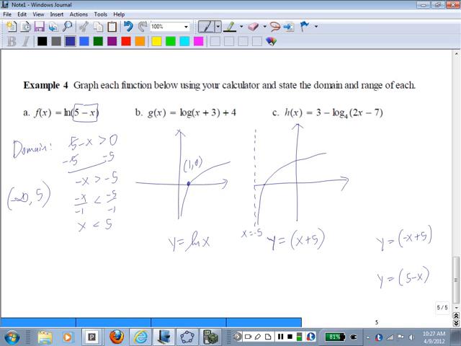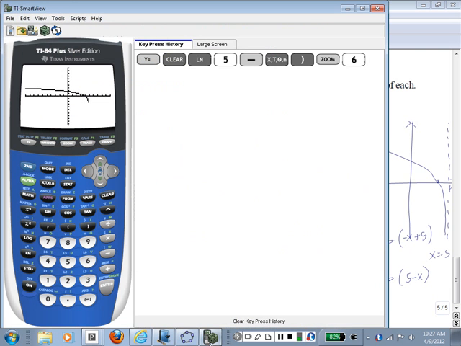Positive x has become negative, negative x has become positive, so it reflects it about the y-axis. So the graph ends up with x equals negative 5 for the vertical asymptote, negative 4 for an x-intercept, and looking kind of like that. And I think that's kind of the graph that we saw.